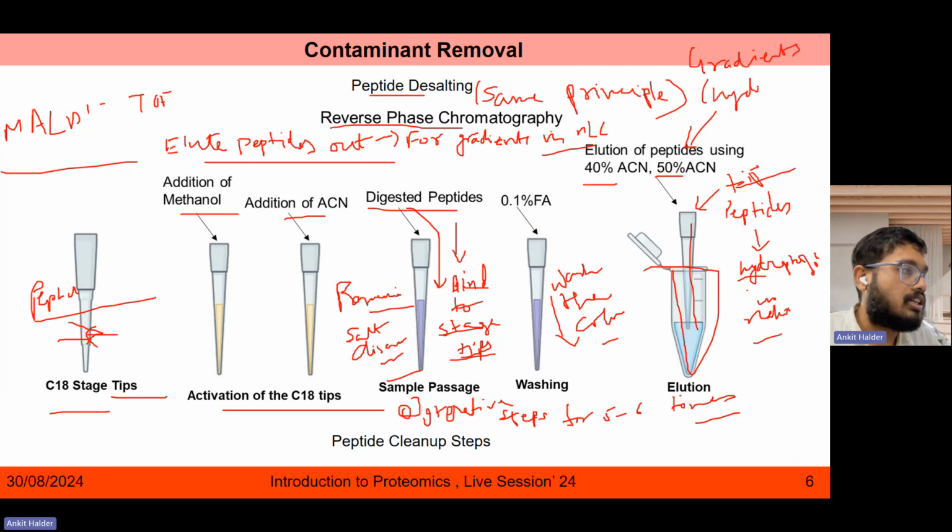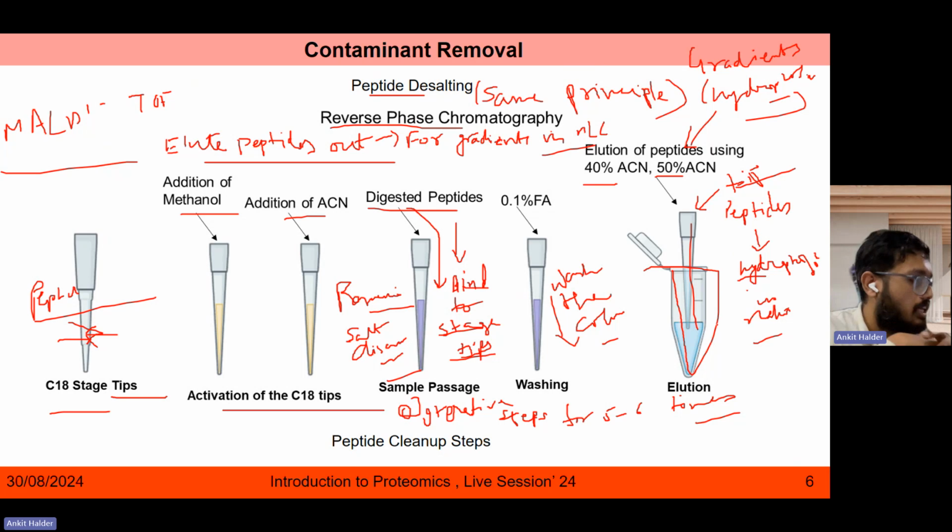With increased hydrophobicity, the peptides, which are bound to the StageTip, will get dissolved into the hydrophobic gradient.